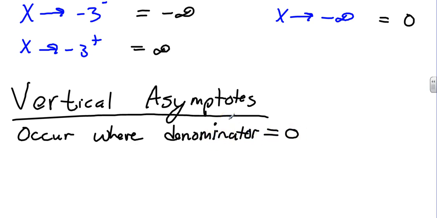So the same thing we had for the excluded values, that's going to be your vertical asymptotes. So take whatever it is in your denominator, set it equal to 0, and there you go. Got which numbers you're looking for.